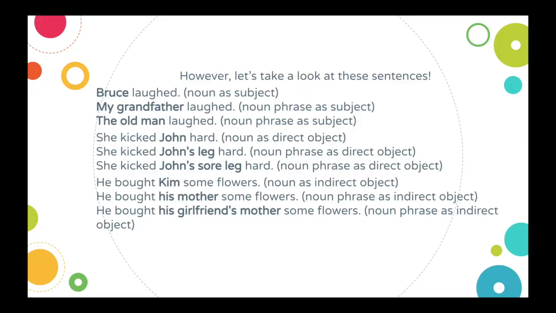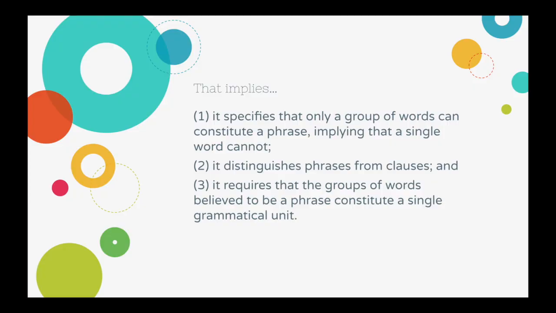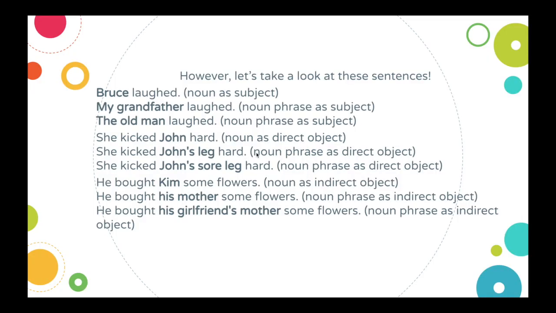Now let's take a look at these sentences. We said that a single word cannot be a phrase. However, let's take a look at some examples. Bruce laughed, my grandfather laughed, the old man laughed. All of them take a similar function, which is the subject.